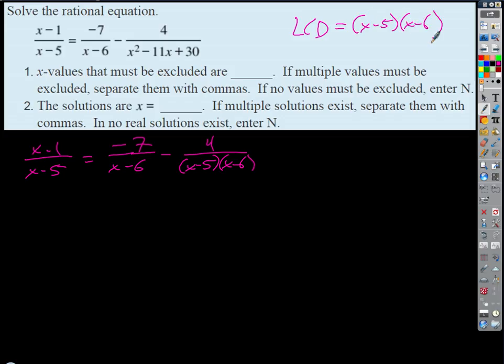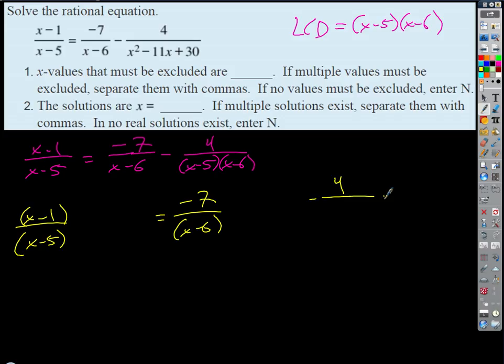So if I multiply both sides through by that, what am I going to get? Okay, so what do we get? If I distribute that LCD through both sides, right?